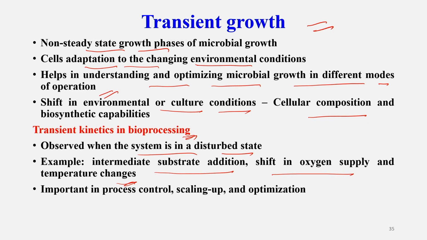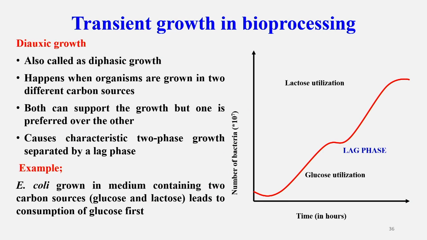And whenever you are observing this transient perturbation, it gives the indication for process control that some changes are there and necessary corrections need to be made for process control, scale up and optimization. So, one example you can see of transient growth is diauxic growth.